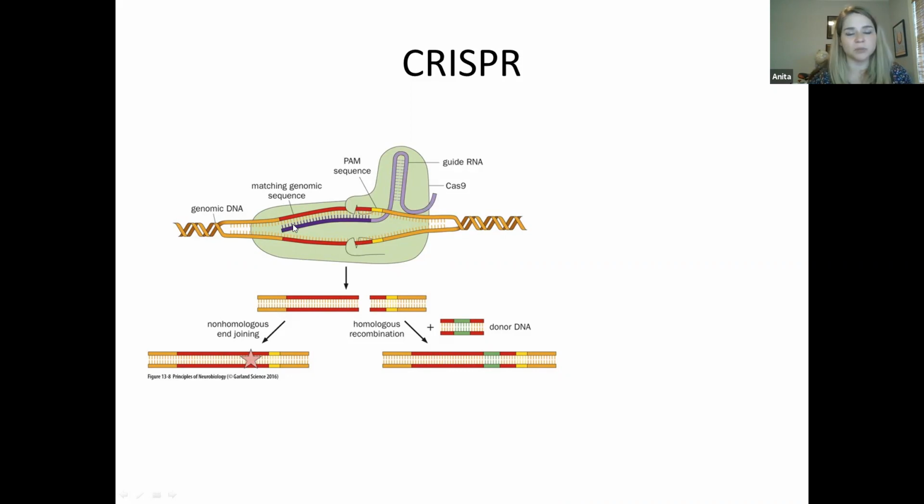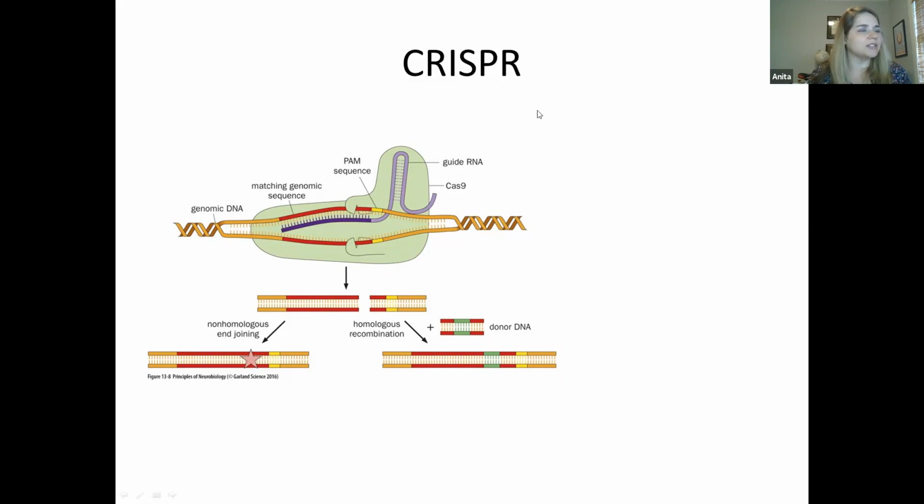I can talk a little more next time about the length of this, matching your genomic sequence, and how specific that can be. Once you have this double-stranded break, it is repaired using endogenous cell machinery.